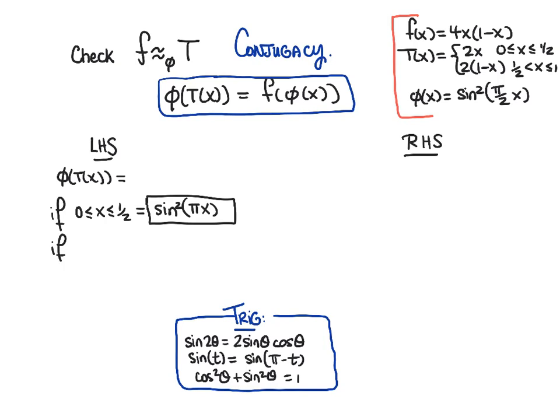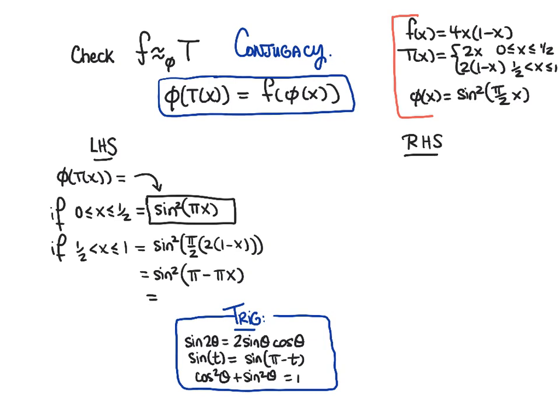And then if x is between 1/2 and 1, phi of t of x is going to be equal to sine squared of pi over 2 times t of x, and t of x is 2 times 1 minus x. So of course those 2's are going to cancel, and we end up with sine squared of pi minus pi x.